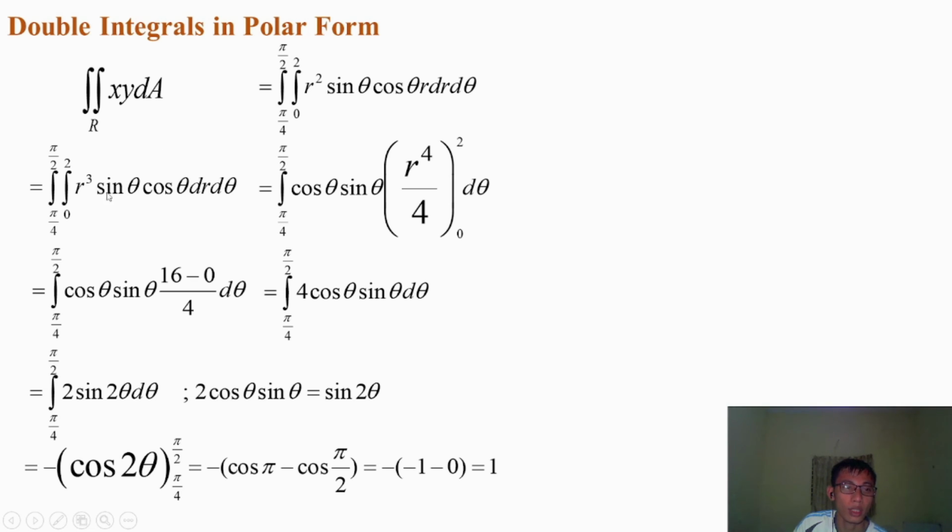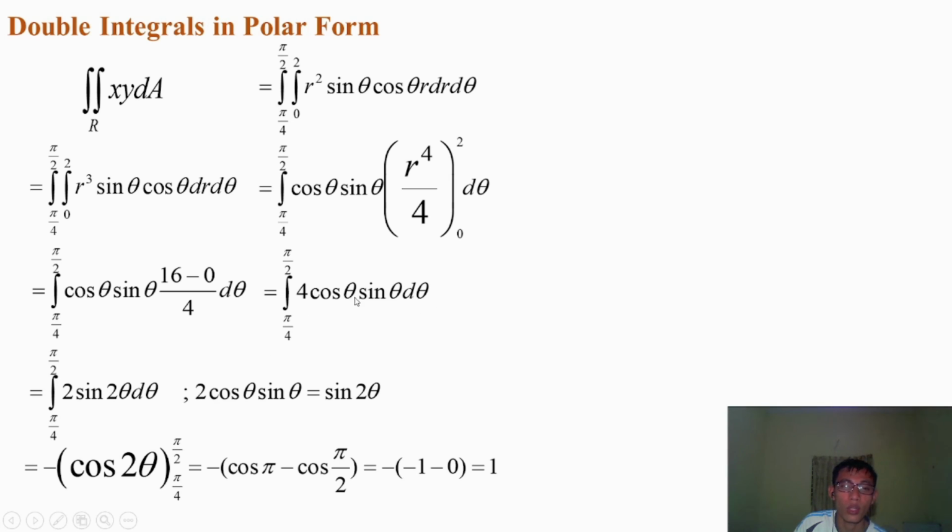Then just evaluate this integral of r cubed dr, going to be r to the fourth over 4, defined from 0 to 2. Just simplify this one, we get (16 minus 0) over 4. Then (16 minus 0) over 4 is going to be 4 cosine theta sine theta d theta.